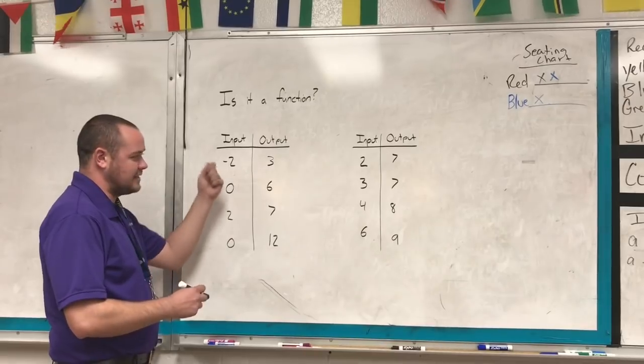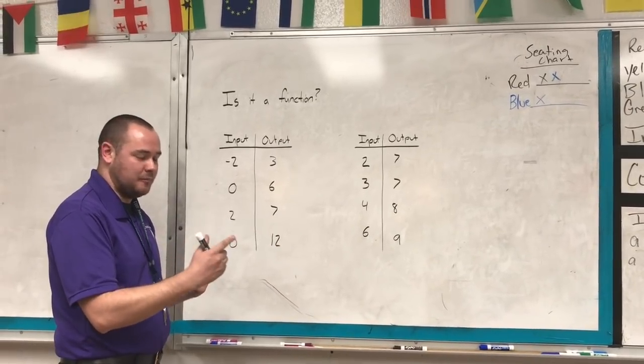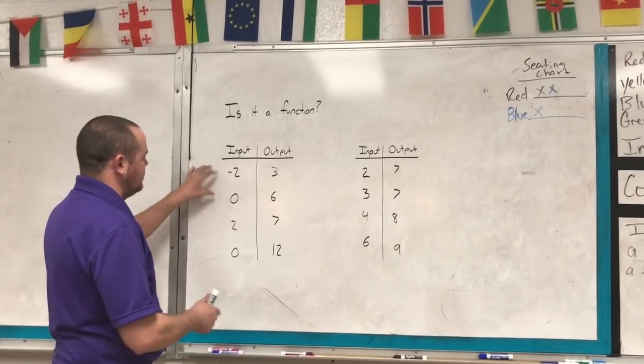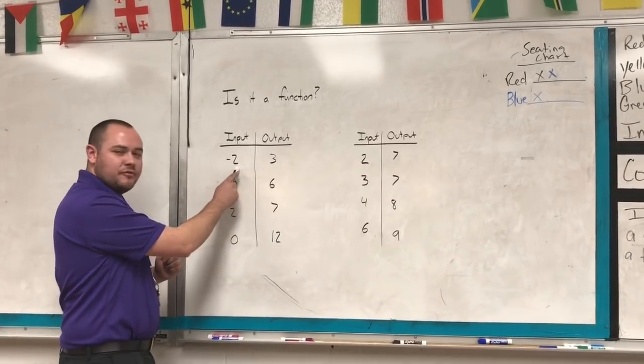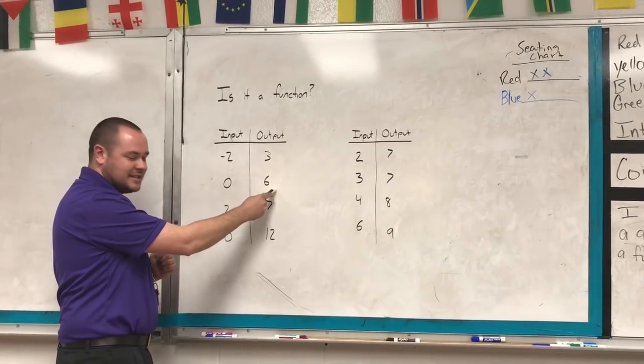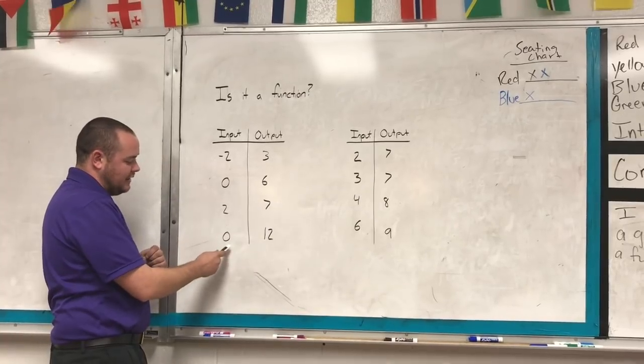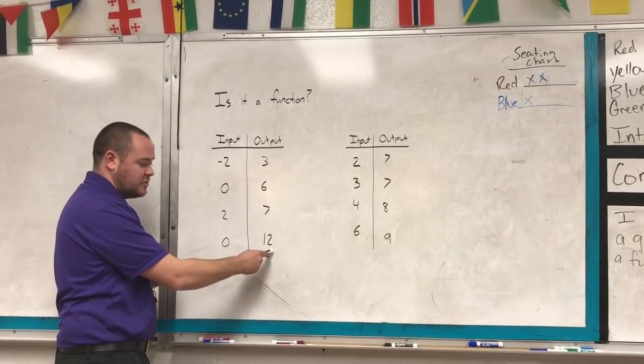If you place a number in, you can only get one output for that number. You can't get multiple. On this one, whenever we put -2 into the function, we get an output of 3. When we put in 0, we get 6. When we put in 2, we get 7 as our output. And if we put 0 in, we get 12.